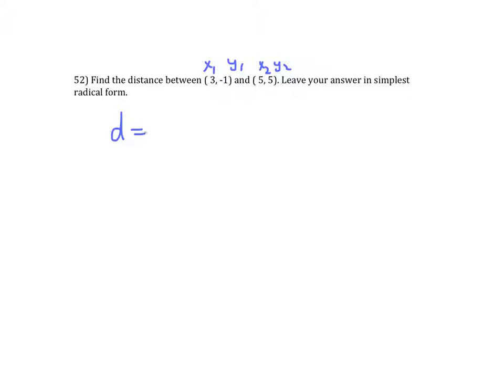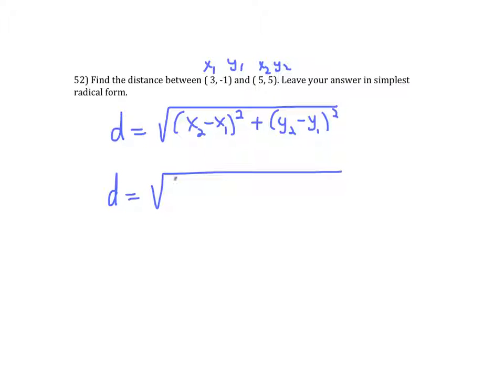So the distance formula says we'll take the square root of x2 minus x1, quantity squared, plus y2 minus y1, quantity squared. So you have d equals the square root of 5 minus 3, quantity squared, plus 5 minus a negative 1, quantity squared.